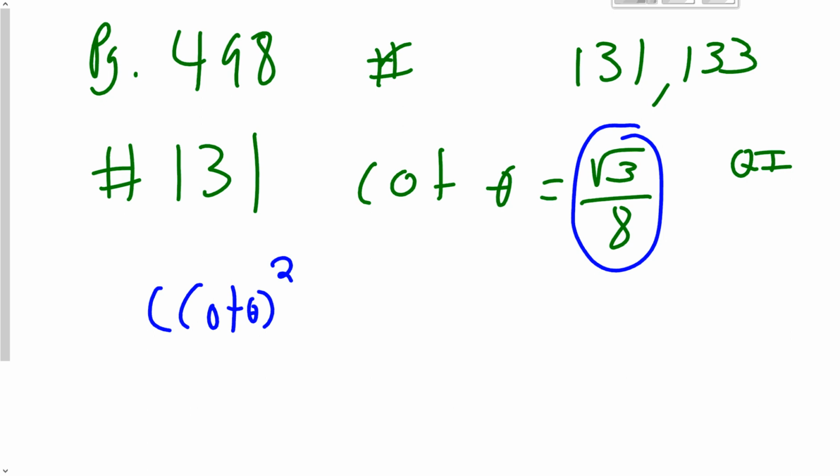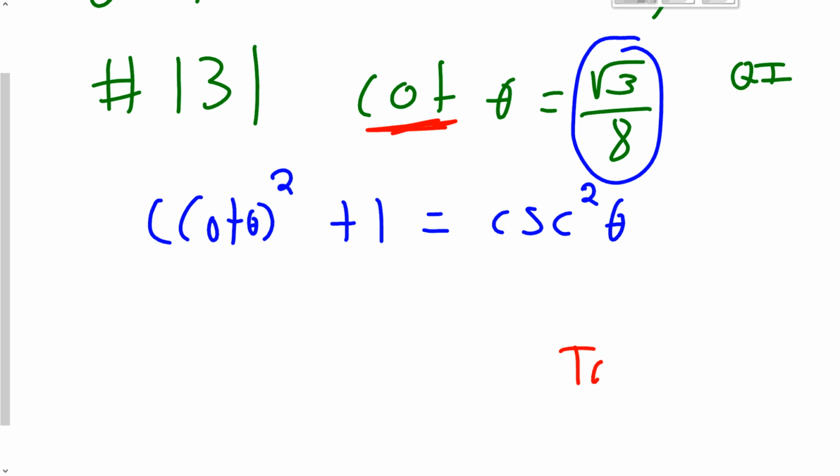Okay, so we have this Pythagorean identity that's taking cotangent squared, adding 1 to it, and that equals cosecant squared of theta.